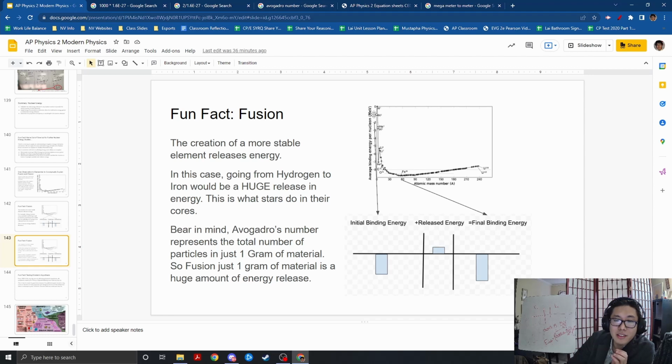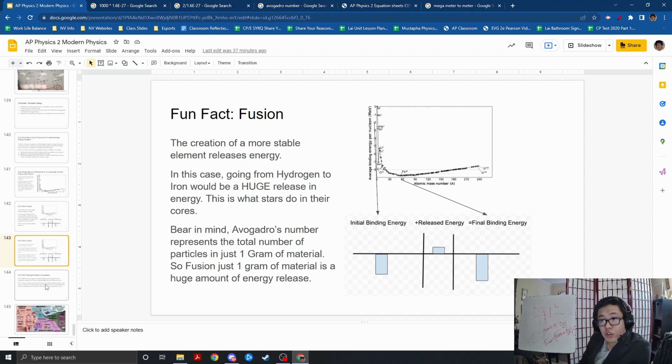This is an attractive situation in the nuclei that, if fused into helium, would also cause a release in energy, and that release in energy is going to be much larger than taking uranium and turning it into iron. So taking things like hydrogen and turning it into helium would also cause a release in energy. And this is one of the next goals in engineering. We want to see if we could create a fusion energy source.